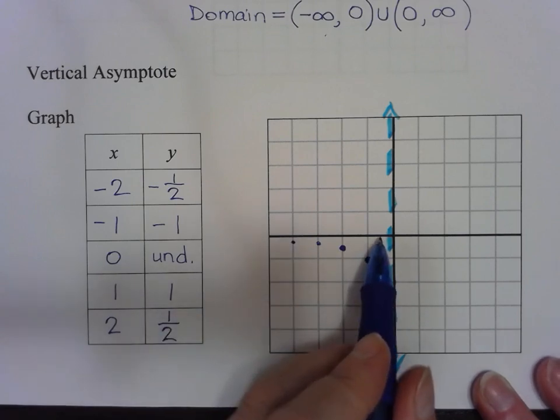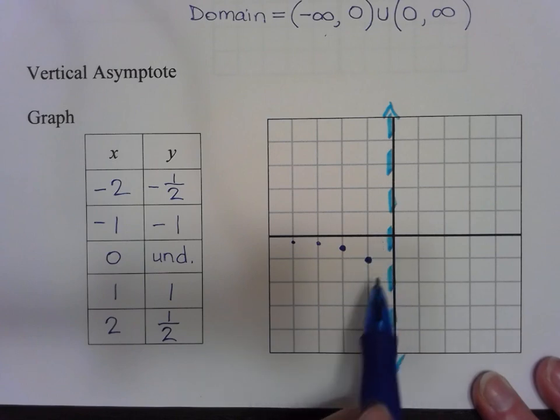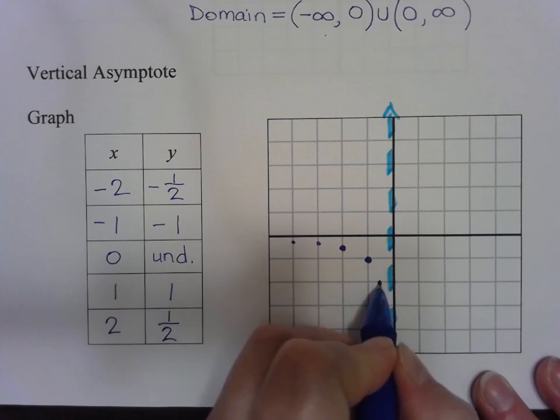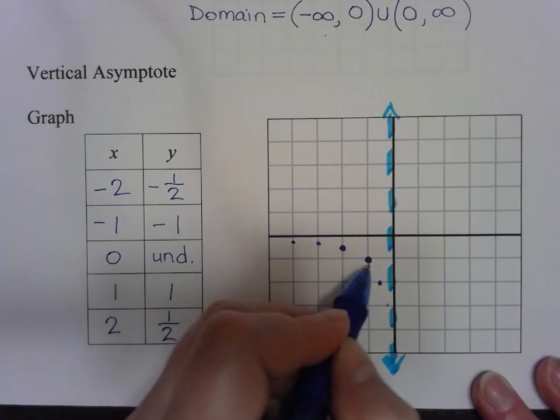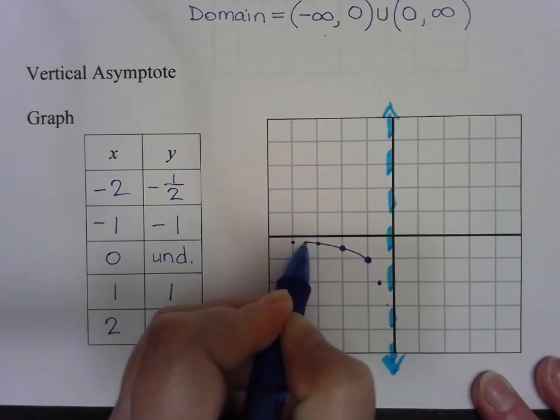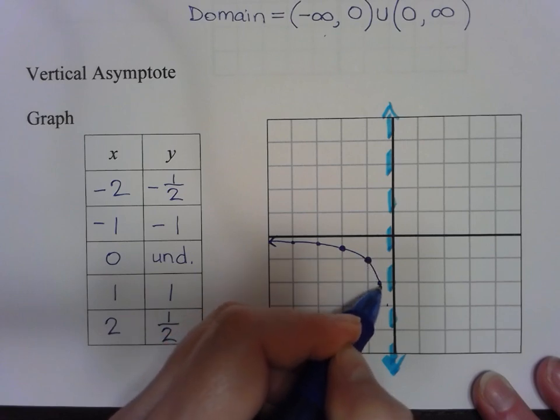And likewise, if I chose some more points in between -1 and 0, like -1/2, I would get -2. And -1/3, I'd get -3. So this curve actually hugs both the x-axis and the y-axis.